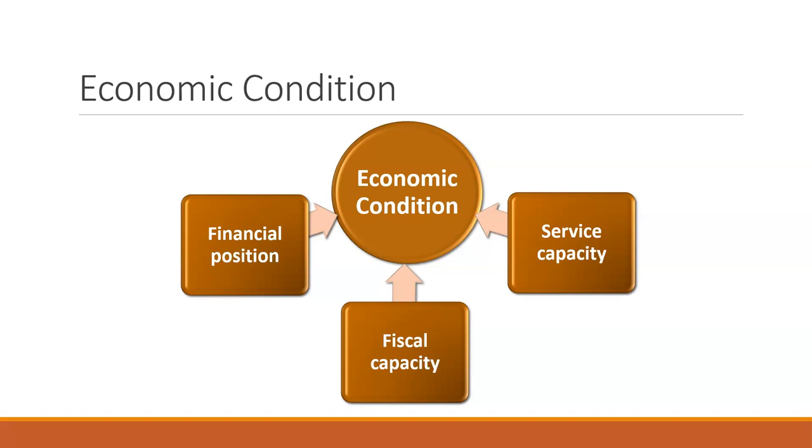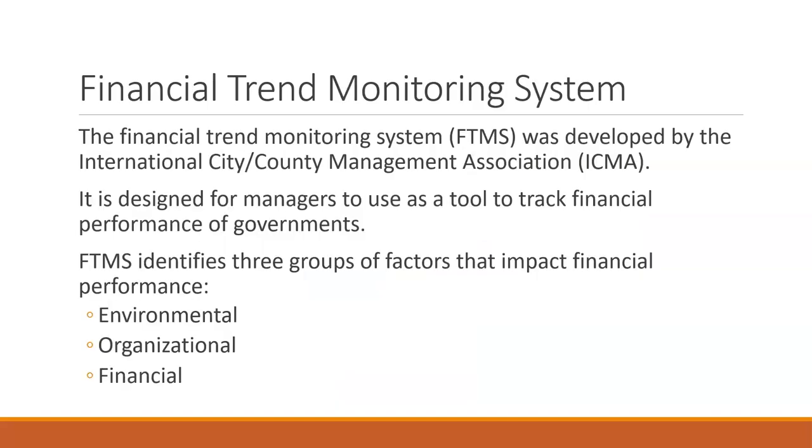So let's talk a little bit more about economic condition. Remember that financial position, financial capacity, and service capacity are all a part of the city's overall economic condition. Different things that we might be looking at can be different. So for example, when we look here, we have the financial trend monitoring system.